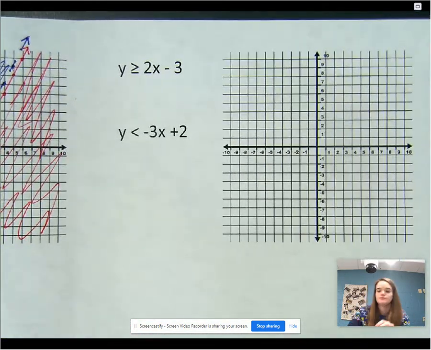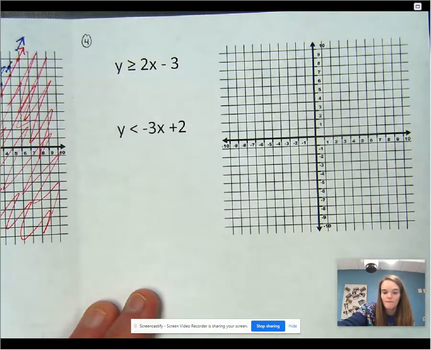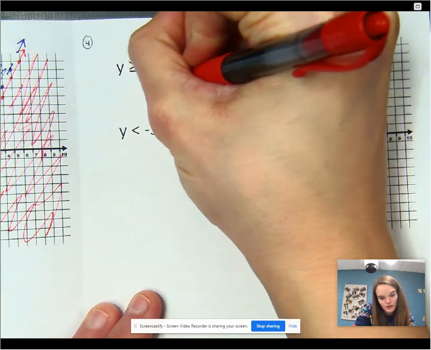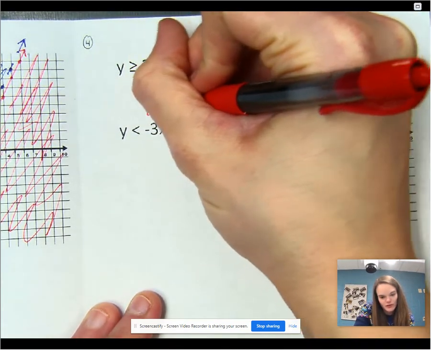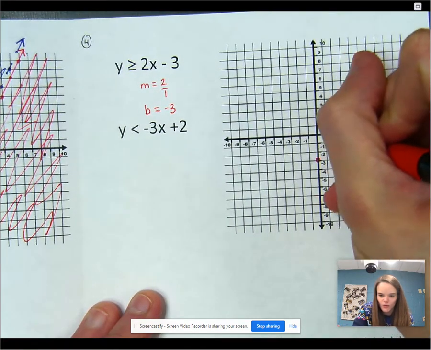Number 4. The slope is 2 over 1. The y-intercept is -3. So -1, -2, -3, up 2 over 1.